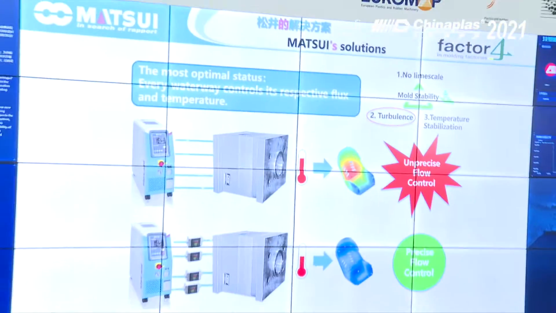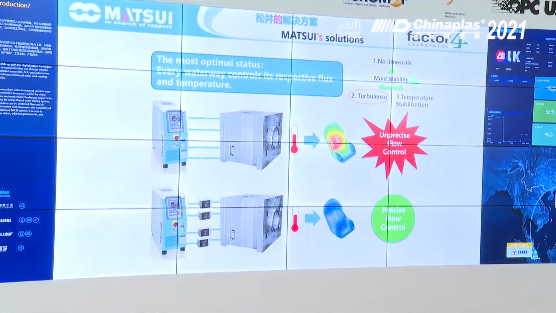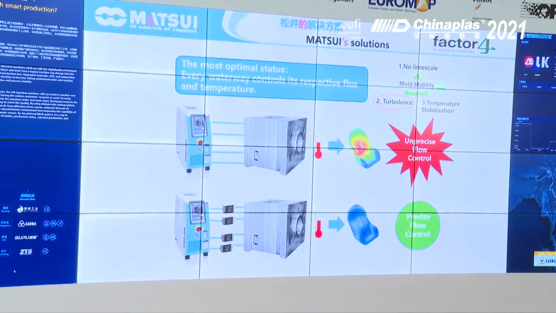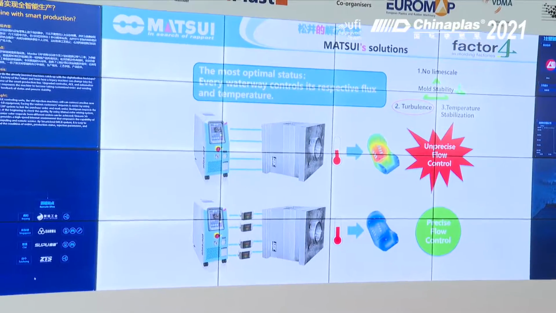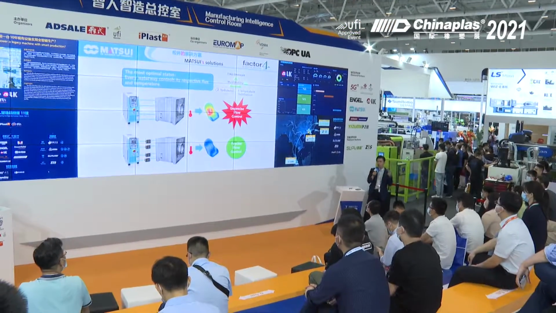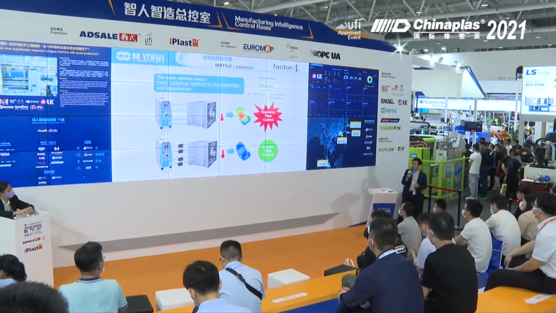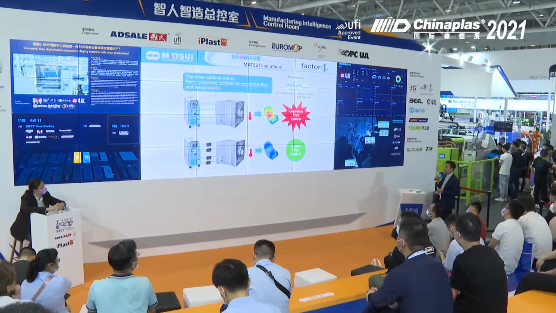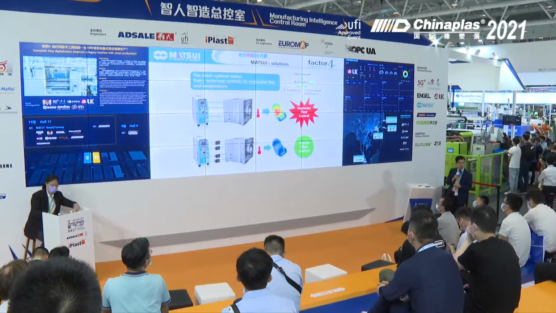But if we have the flow meter, we can correctly know the flow of each water pipe. So it is a very important key to controlling the mold temperature, because we need precise flow control.